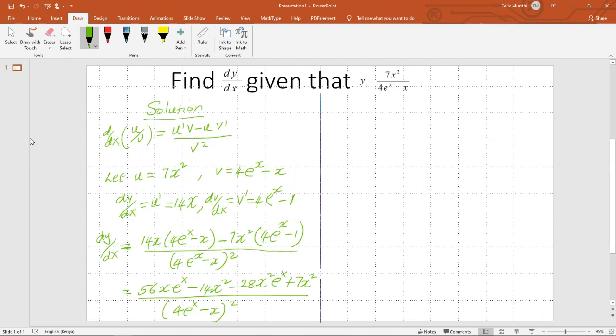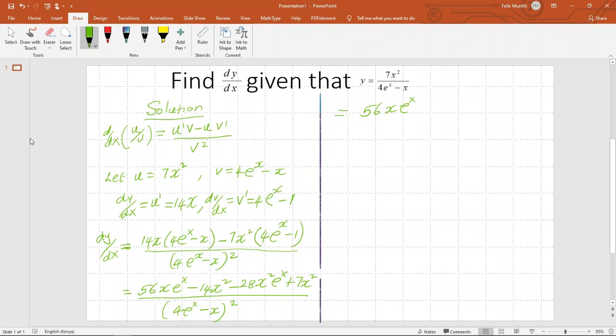So we continue simplifying. We put the like terms together: we have minus 14x squared here and positive 7x squared. So the first term remains the same, that is 56x e^x.